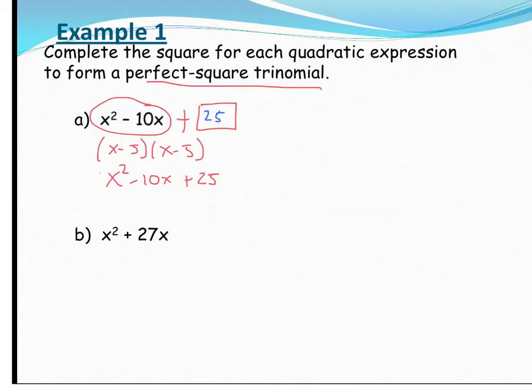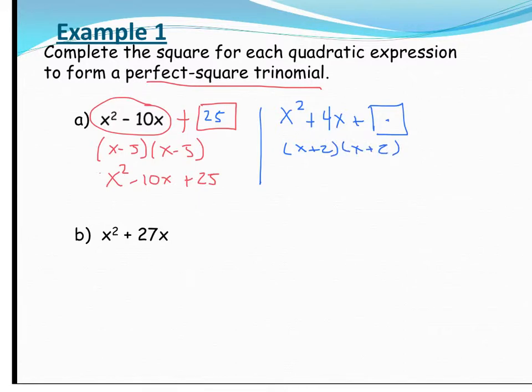So how do we get that? Look at the relationship between 10 and 5. 10 is twice 5. Let me create another one. If I look at x squared plus 4x, what does the last number need to be in order to create a perfect square trinomial? I'm going to tell you again, it's (x plus 2) times (x plus 2).